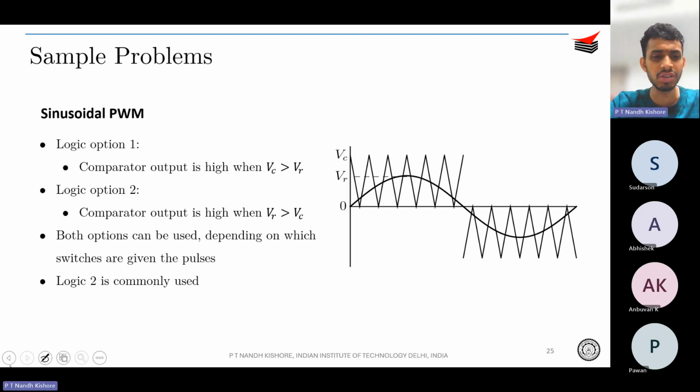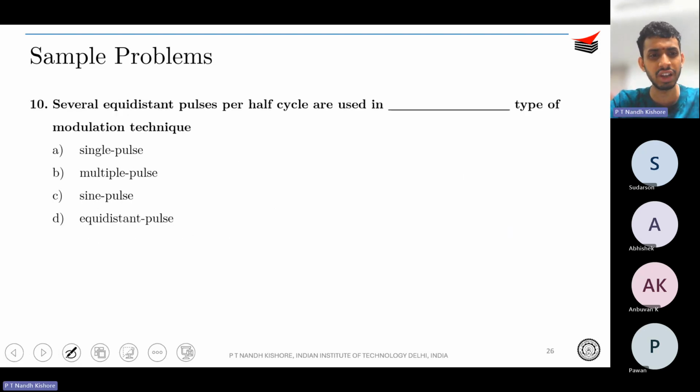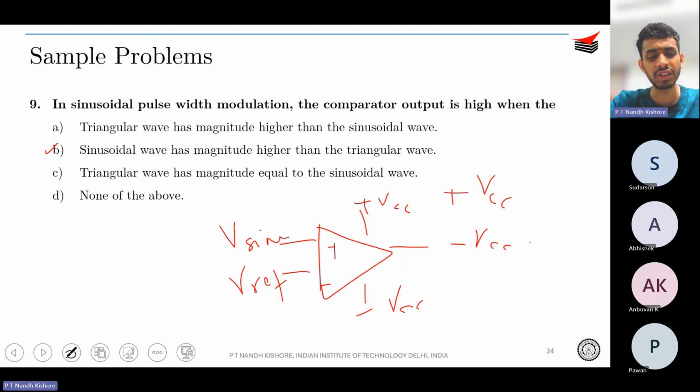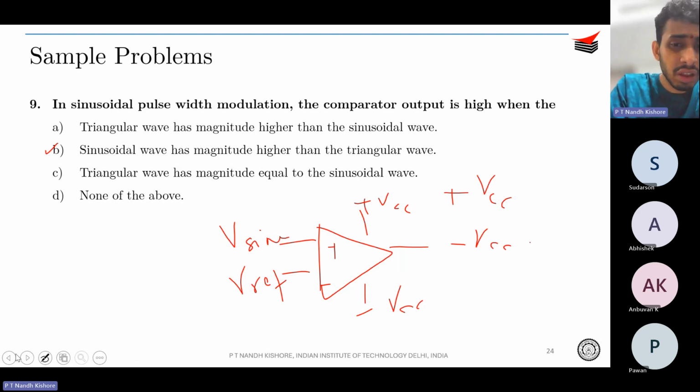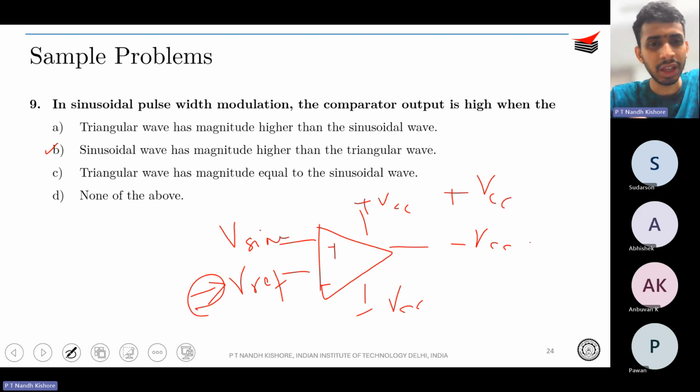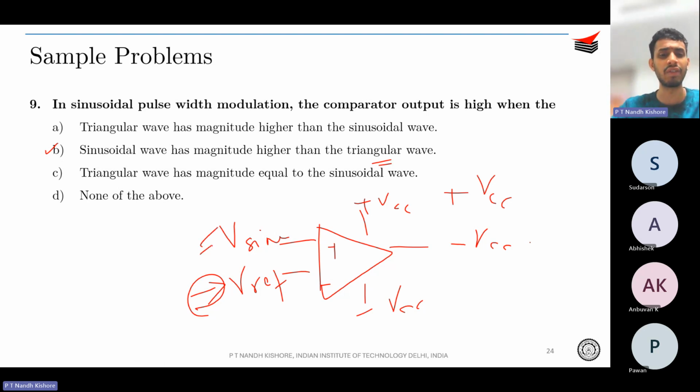Both of them can be used, but logic 2 is generally used. It is because this is just a reference, correct? So you say that something is set when your wave goes more than the reference wave. The reference is triangular, and your wave is sinusoidal. That's what you want, the output sinusoidal wave. Therefore, when the sine wave goes more than the triangular wave, you want to set it. So that's a convention.